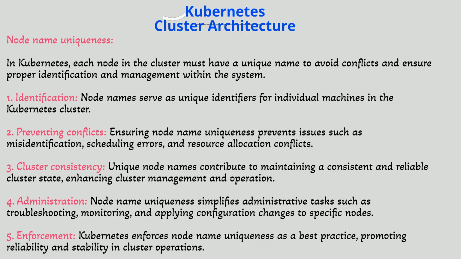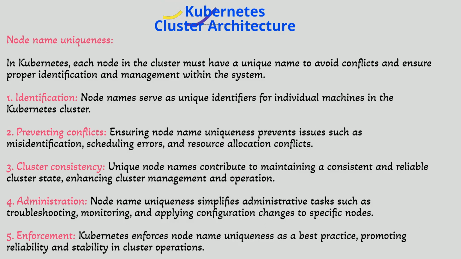Unique node names contribute to maintaining a consistent and reliable cluster state, enhancing cluster management and operation. 4. Administration. Node name uniqueness simplifies administrative tasks such as troubleshooting, monitoring, and applying configuration changes to specific nodes. 5. Enforcement. Kubernetes enforces node name uniqueness as a best practice, promoting reliability and stability in cluster operations.